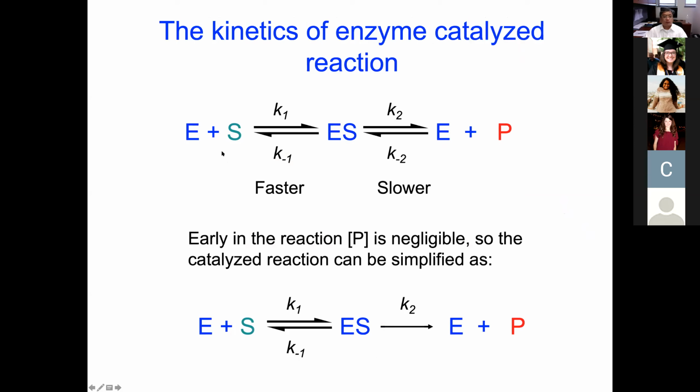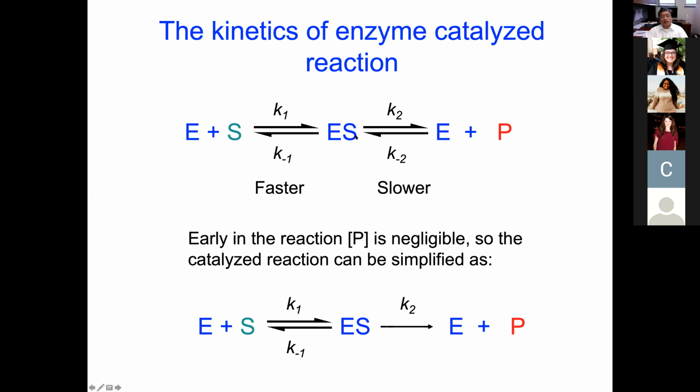For this reaction, you add some enzyme with the substrate. The enzyme will associate at the active site, the pocket, with the substrate.